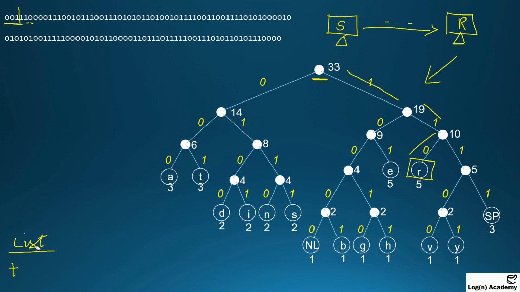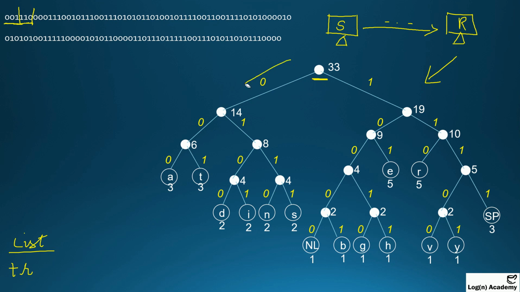So now we have R, and we will store R here. We will mark that we have used these numbers. Now the application will come to the root node, and then he will check the next number, which is 0.